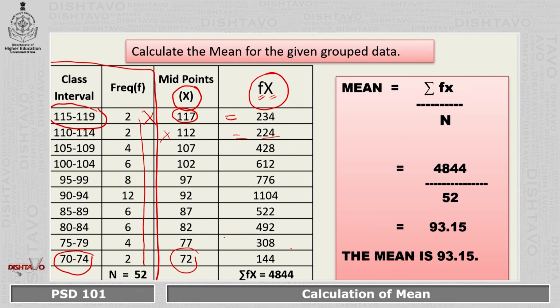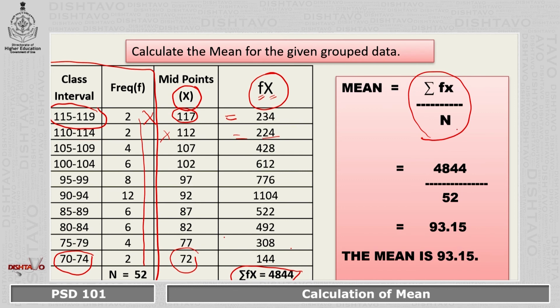Now, once you find out fx, you have to sum all these and get sigma fx. Sigma fx needs to be substituted in the formula. Now, on this side, if you see, the formula for calculation of mean is sigma fx upon n.